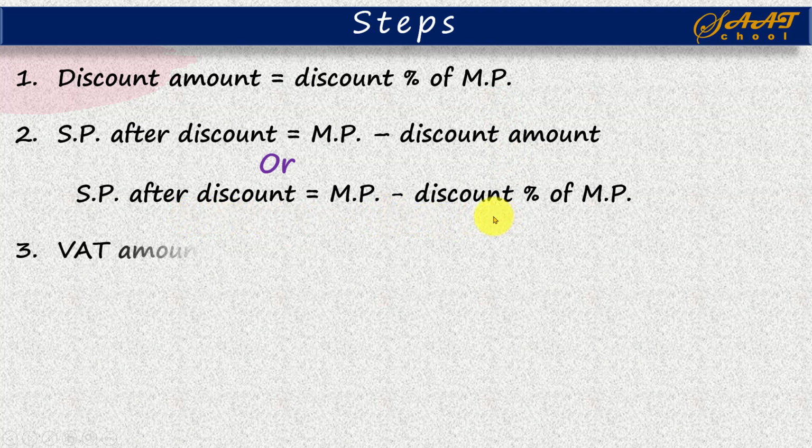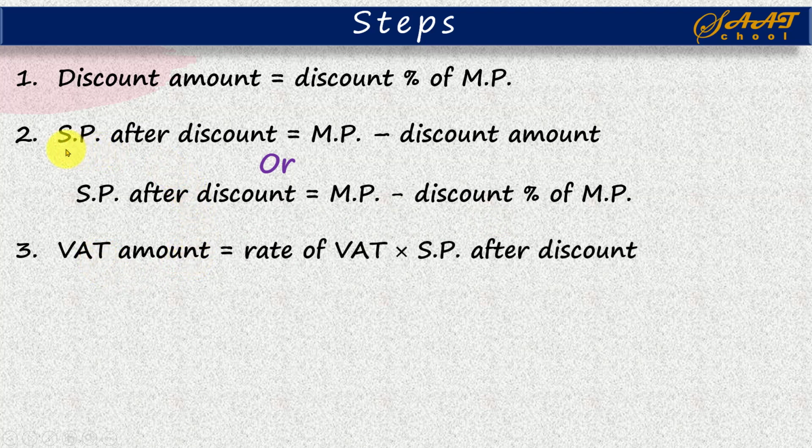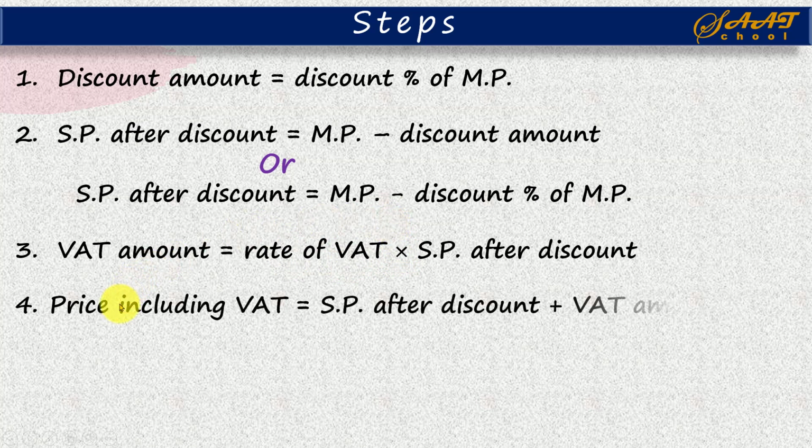Now the next is to calculate VAT amount, and that VAT amount is calculated on this amount, which is ESP after discount. So rate of VAT multiplied by ESP after discount, and once you have the VAT amount, then you can find price including VAT, where these two are added. So ESP after discount plus VAT amount.